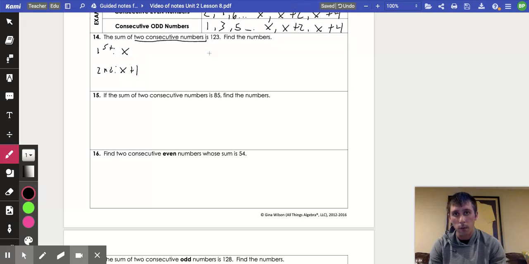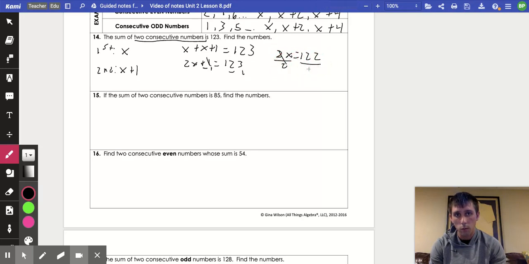And then the sum of them is 123. So x plus x plus 1 equals 123. So x and x is 2x plus 1 equals 123. Subtract 1. So 2x equals 122. Divide by 2.